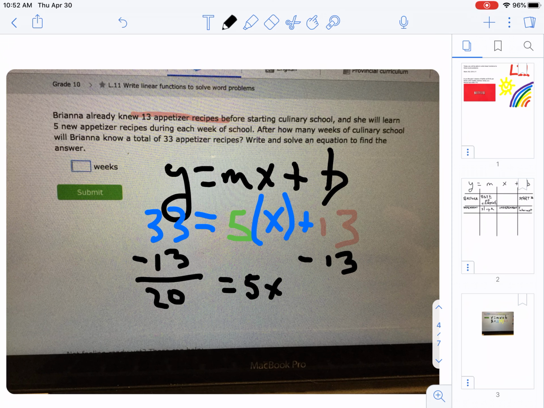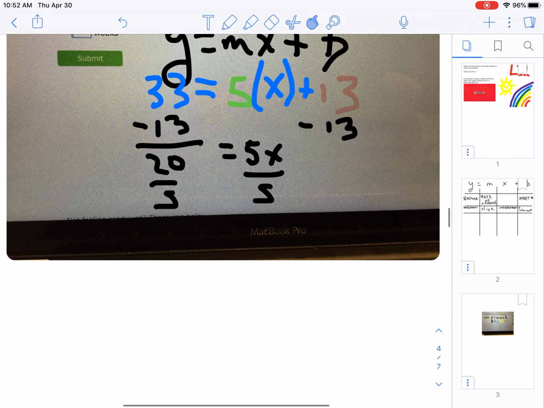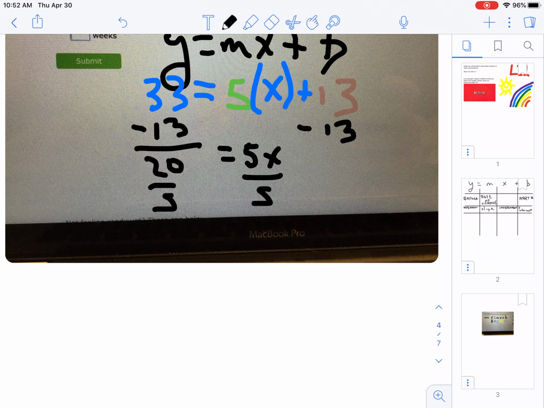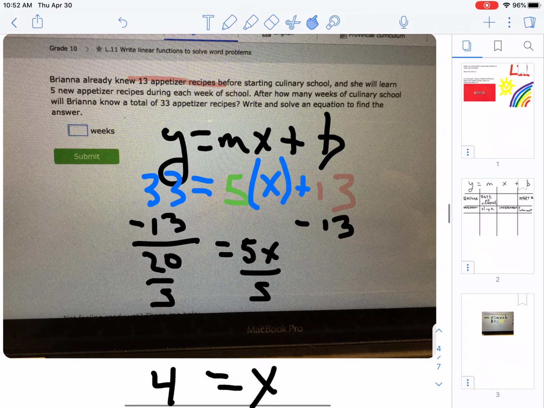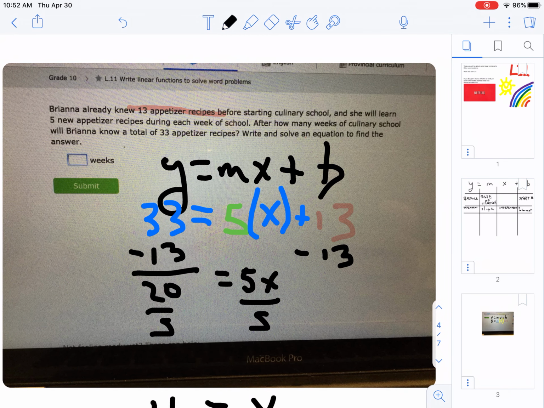And now to get x by itself, we divide both sides by 5. So we can see 4 equals x. So to answer the question, Brianna would go to culinary school for 4 weeks in order to know 33 culinary recipes.